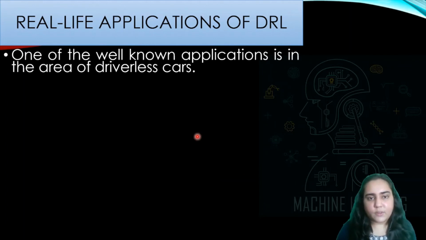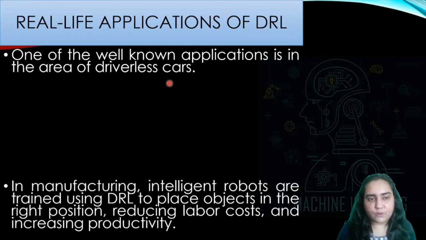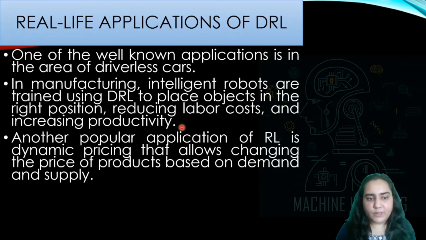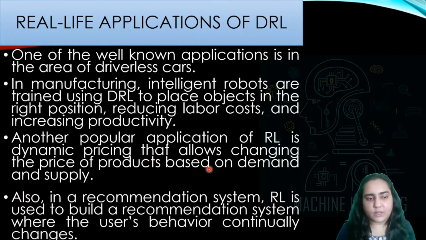Another one is driverless cars, where again you can use deep reinforcement learning. In manufacturing, intelligent robots are trained using DRL to place objects in the right position. This could help you to reduce labor costs and increase productivity because instead of human beings, you have robots that are going to place objects in the right place. Another popular application is dynamic pricing, which allows you to change prices of different products based on demand and supply.